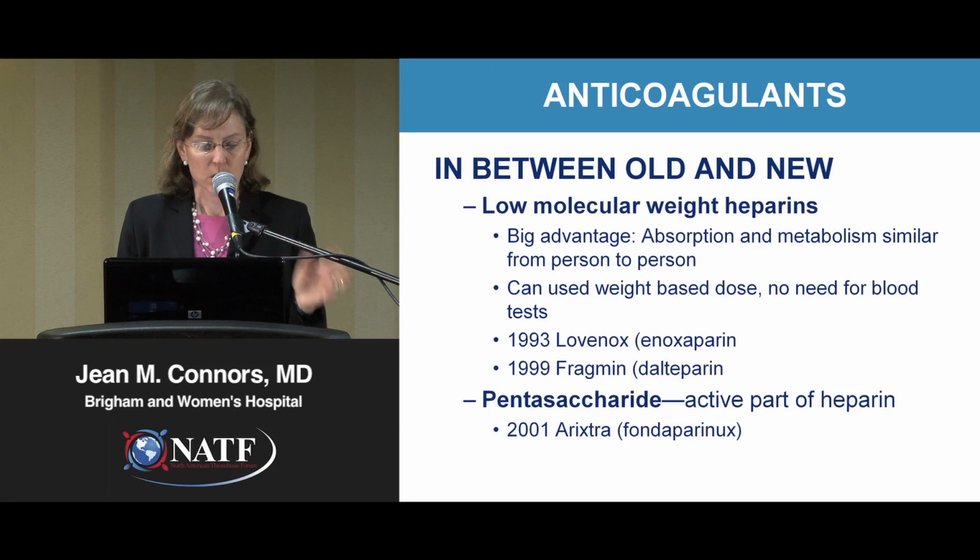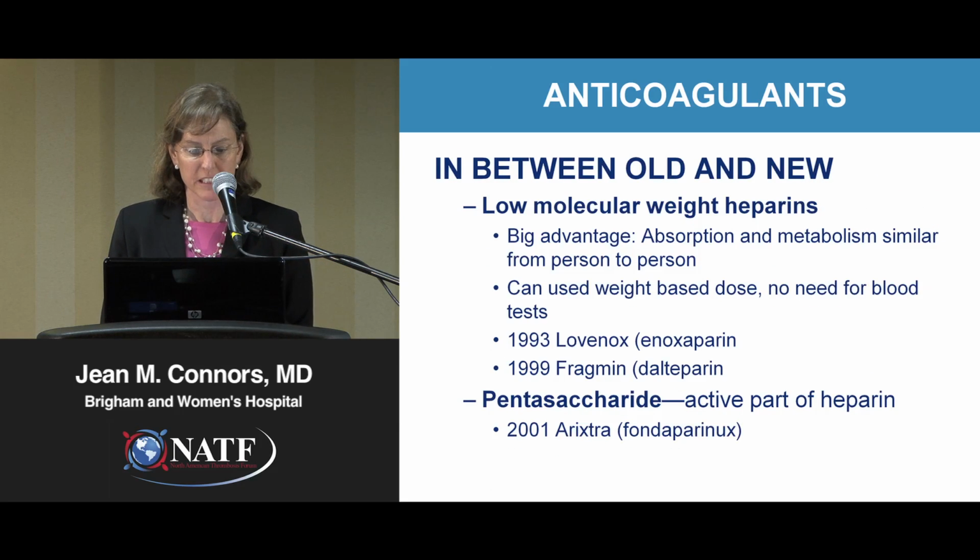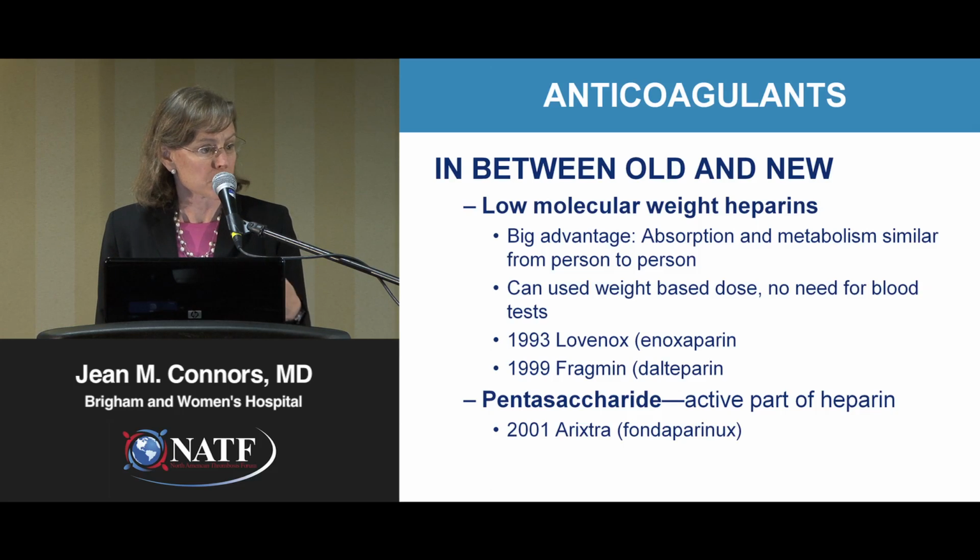So in between the old unfractionated heparin and warfarin and the new, the low molecular weight heparins were developed in the early and mid-1990s. Low molecular weight heparins are derived from the old unfractionated heparin. And heparin is a big sugar molecule that has a high molecular weight.